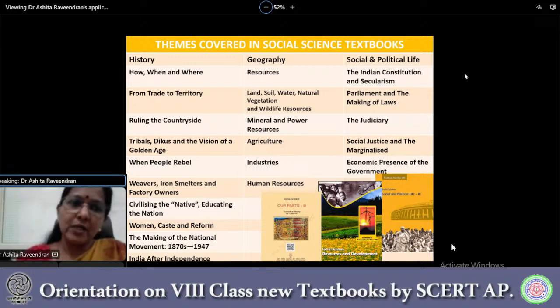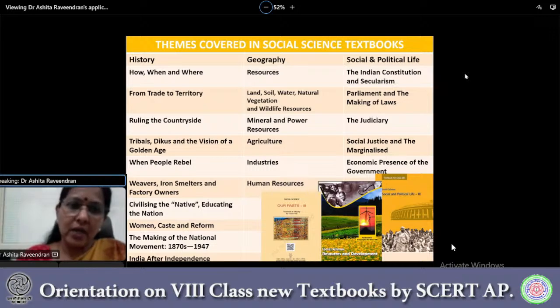And here the first chapter deals with how, when, and where: how the historians are working, how the sources are interpreted, and how it differs from different perspectives. Like if you see a newspaper article, how will you interpret why the newspaper is reporting such a situation in such a manner?